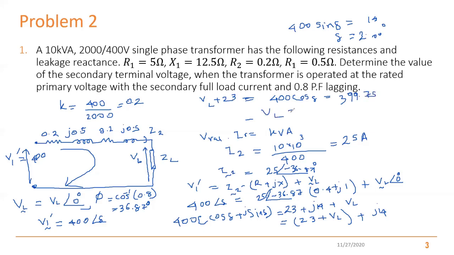Therefore, VL can be found as 376.75, angle 0. That is the terminal voltage when you apply the rated primary voltage to the primary at the full load condition.